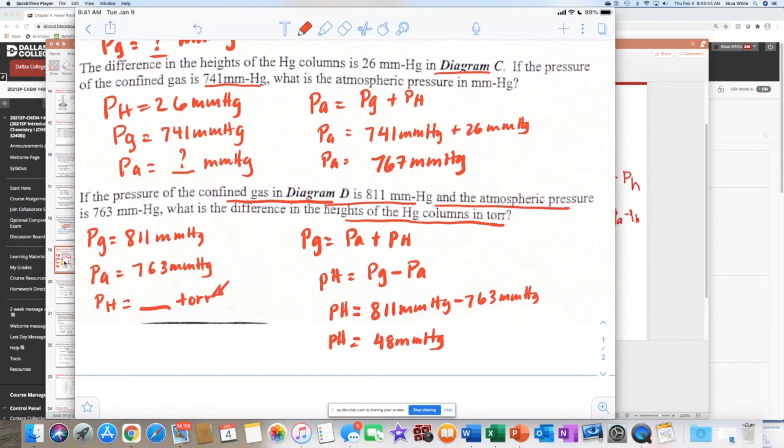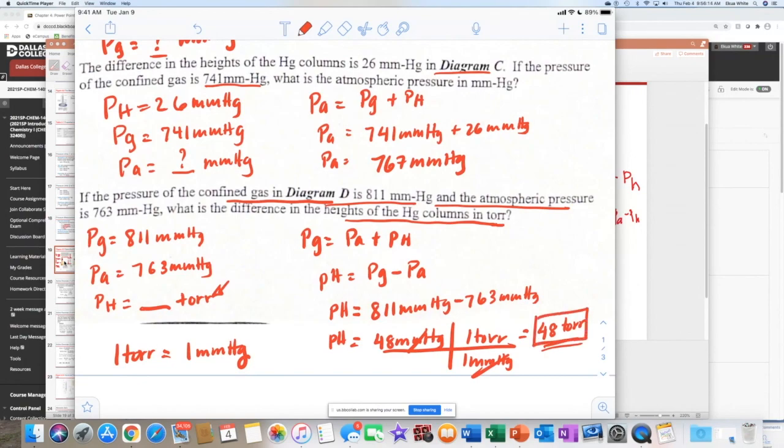So this is where you have to go back to the equalities I gave you on Tuesday that said 1 torr equals 1 millimeter of mercury, and you convert that. So take your answer and just rewrite it with a different unit, 48 torr. They said put your answers in little boxes, right? I forgot that part.